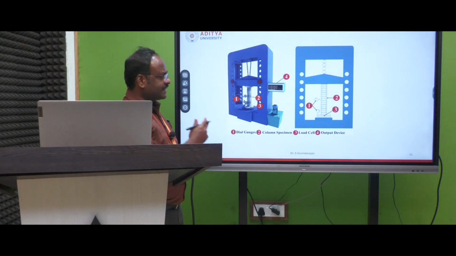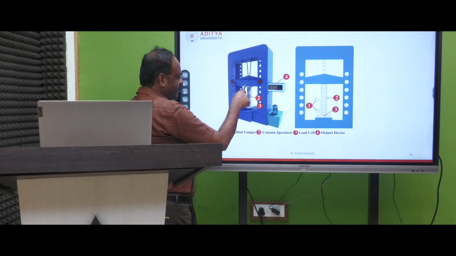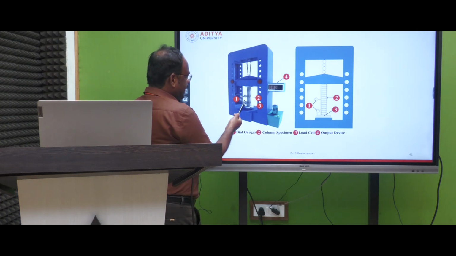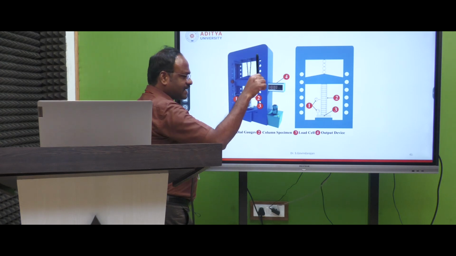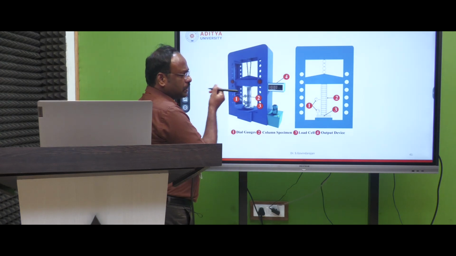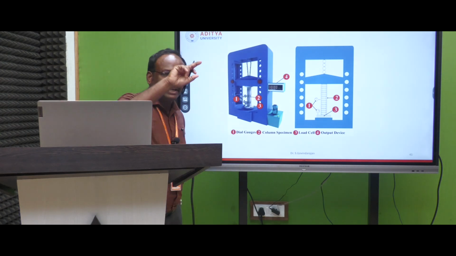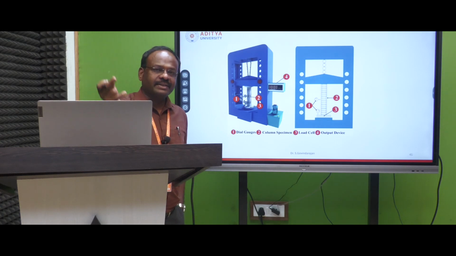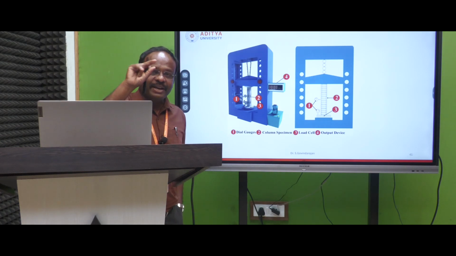Here this is the load setup for the beam. Now we move on to the column structure. Here the column is a vertical member, so the dial gauges will be placed in this position. Why? Because for the vertical column the deformation will be taken from the curvature, like buckling failure only it will be formed.